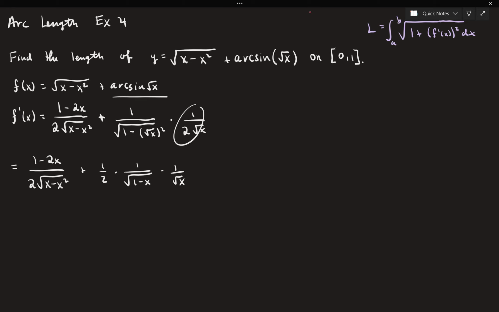But I do notice I have x minus x squared and x times 1 over x. Those are the same, so I can combine those square roots. 1 minus 2x over 2, square root of that, plus 1 over, sorry, I copied that wrong. That should be just x. 2 square root, and actually it's x minus x squared.